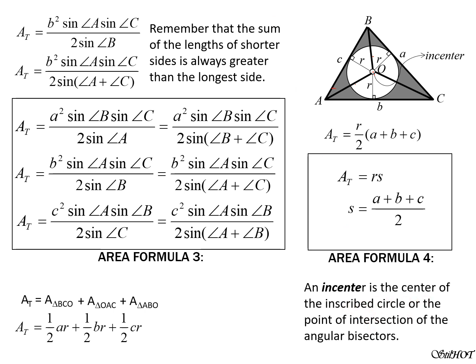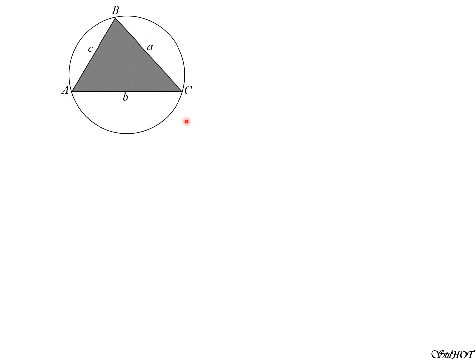Next, let's have area of a triangle in terms of the sides and the radius of the circle circumscribing the triangle. The center of the circle is called the circumcenter in this case, and the circle is called the circumcircle.